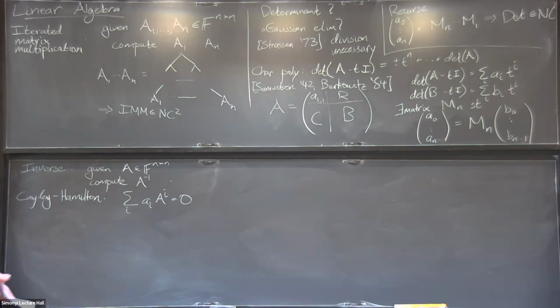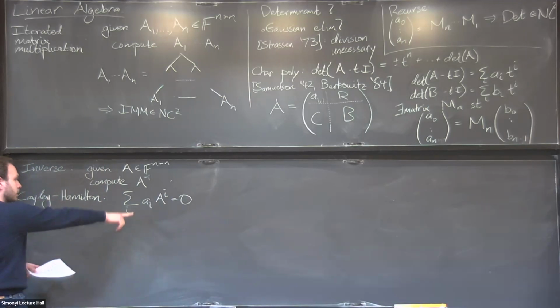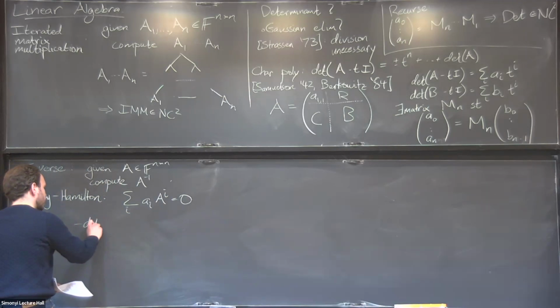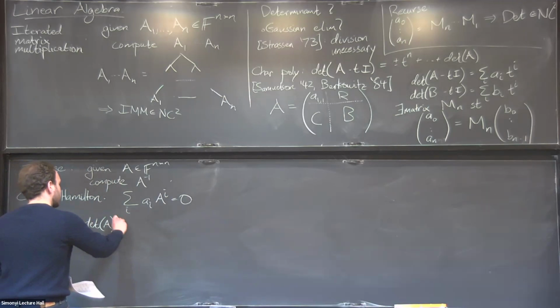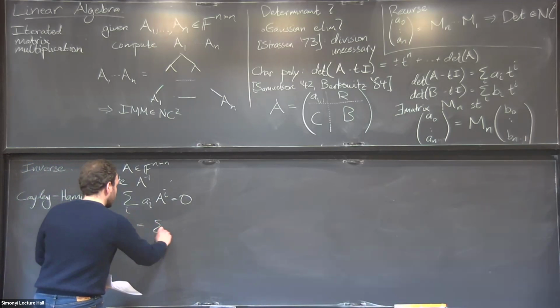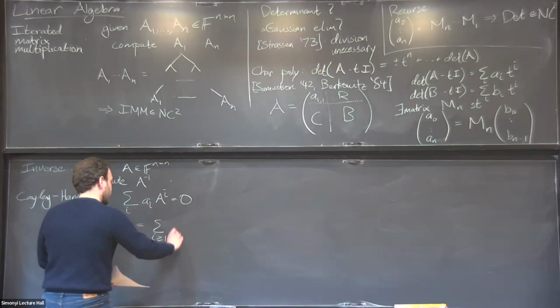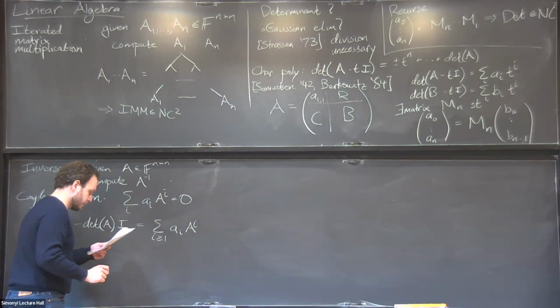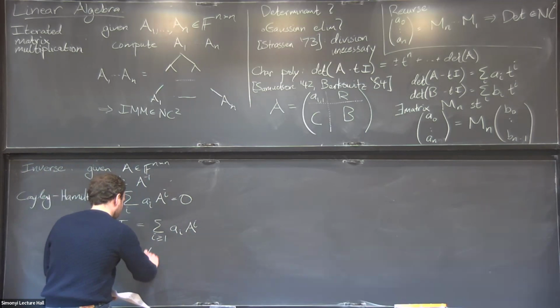So now why is this interesting? Well, let me expand this out. What's the constant term here? Well, if I take the constant term and move it to the other side, it's minus the determinant of A times the identity matrix. And what's on the other side? Now I have the sum over i at least 1 of c_i times A to the i. And I can factor out a power of A here.